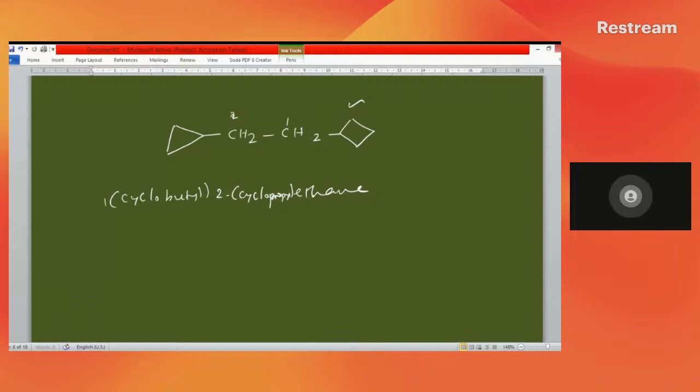Thus, the compound's name is 1-cyclobutyl-2-cyclopropyl ethane. When there is more than one ring structure, you must give preference to the chain, not to the ring. The rings are treated as branches. Okay.